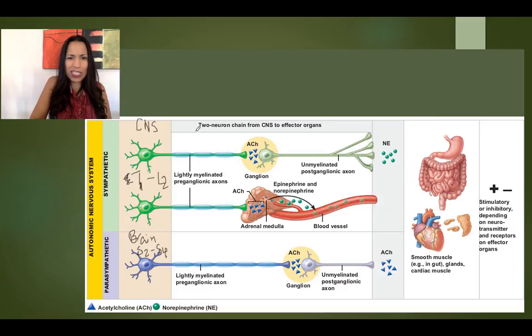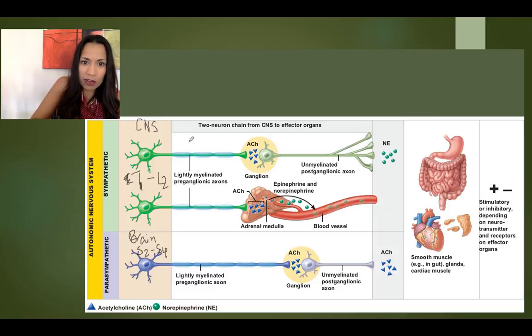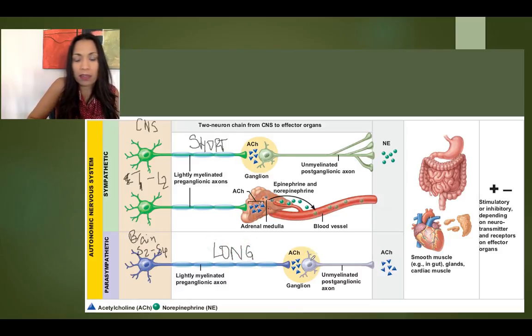You can see that the preganglionic axons in the sympathetic nervous system are very short because the ganglionic neurons are located very close to the preganglionic neuron. In the parasympathetic system, these axons are very long because the ganglia containing the ganglionic neurons are located very close to the target organ.